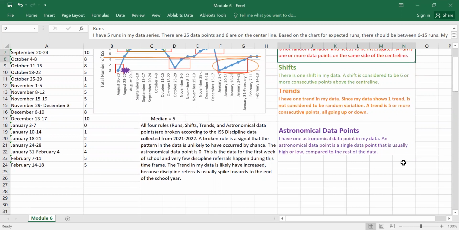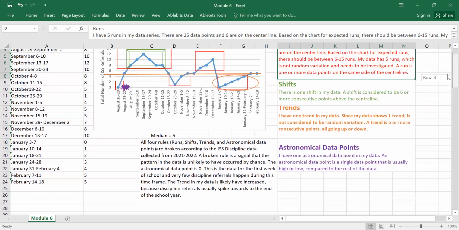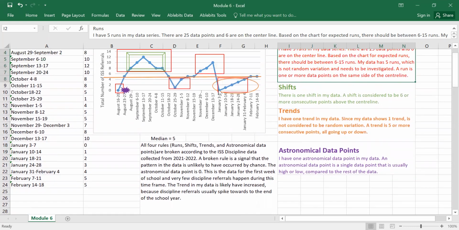The trend in my data right here, the points going up, the 5 or more, that is likely to have increased because usually, as we know in the school system, discipline referrals usually spike towards the end of the school year. So it's going up from January to February, and they've increased more.